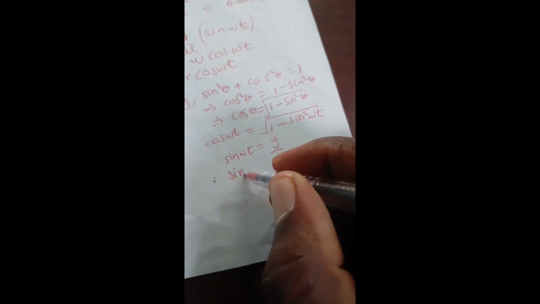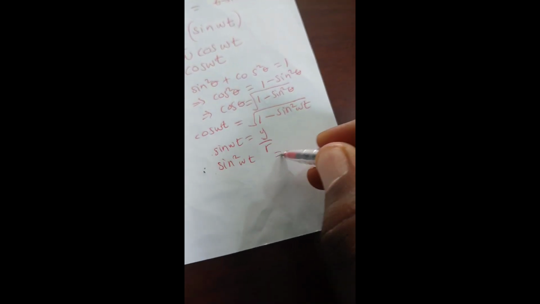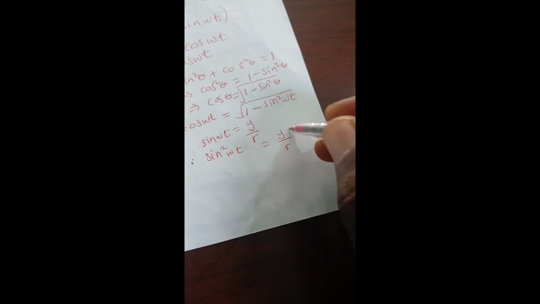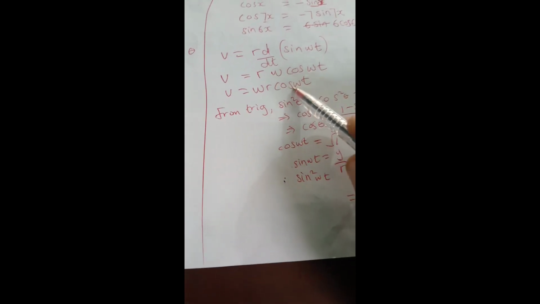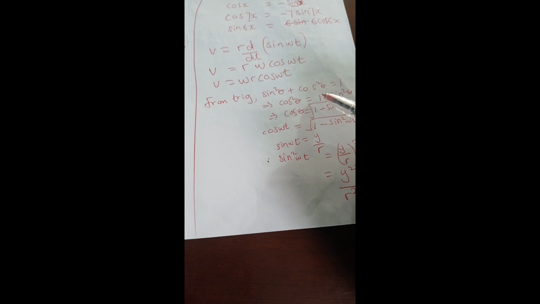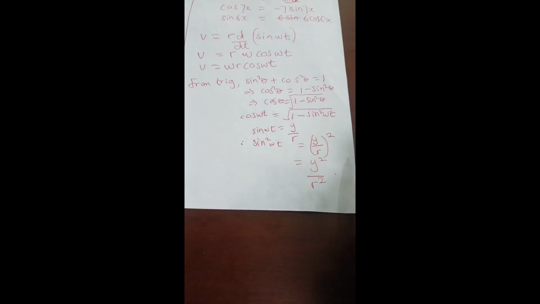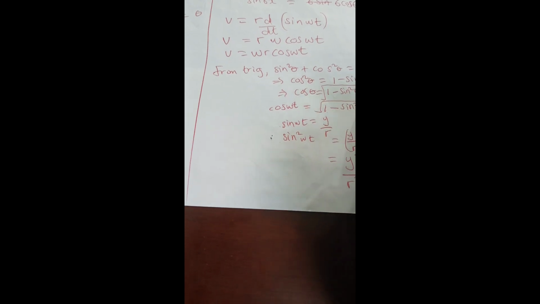So if we have sine squared omega t, it will be equal to y over r all squared, which is going to give us y squared over r squared. So the cos omega t that we have here can now be replaced by the square root of 1 minus sine squared omega t.